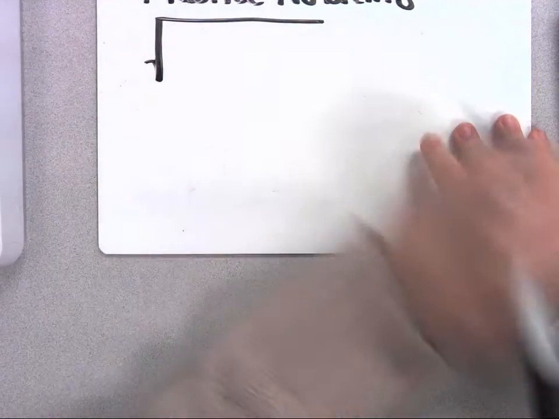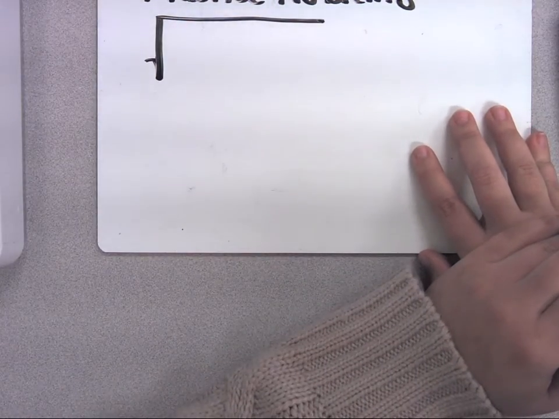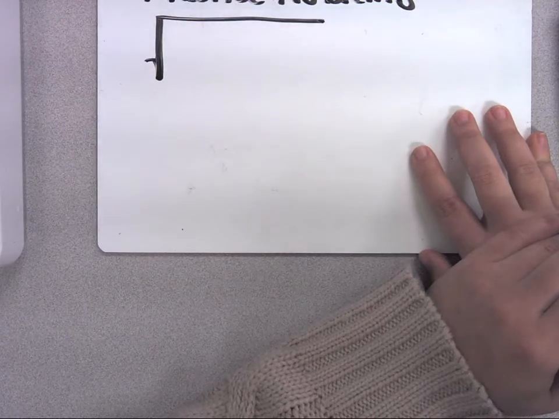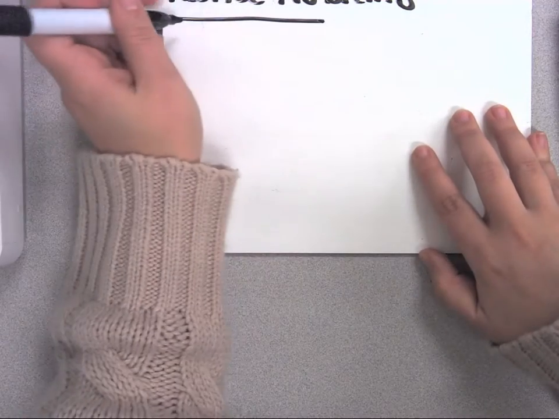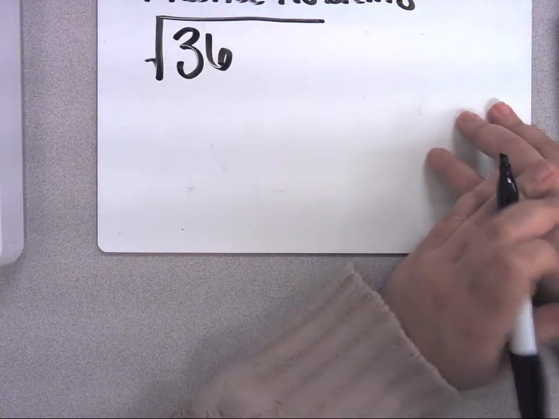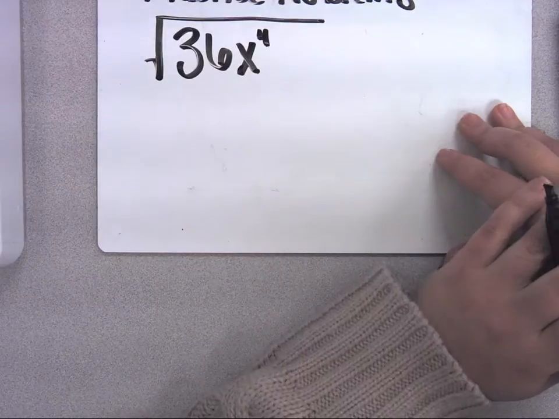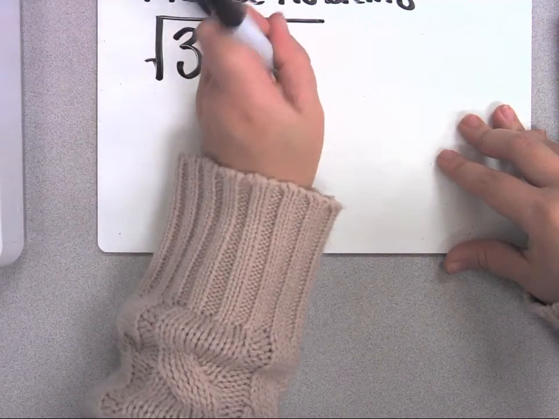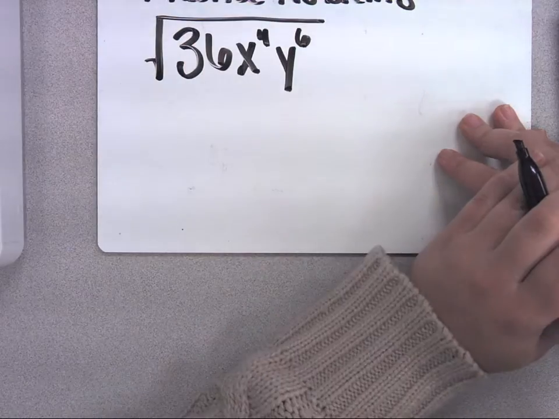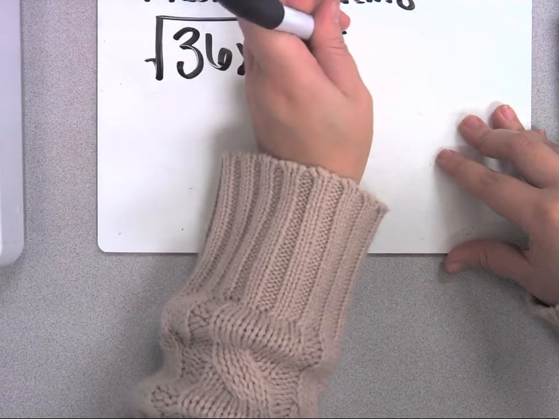Square root of 36 x to the fourth y to the 6th z to the 5th.